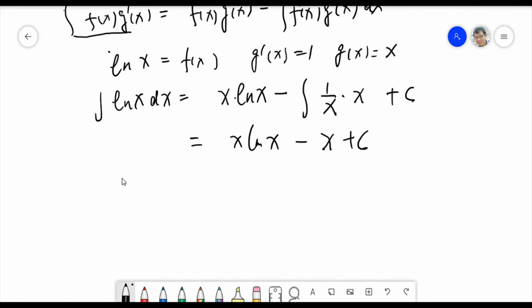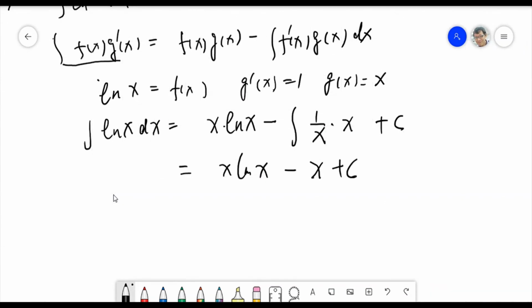In fact, this can be very hard. Let's just give an example: the integral of x times (x minus 1) dx.